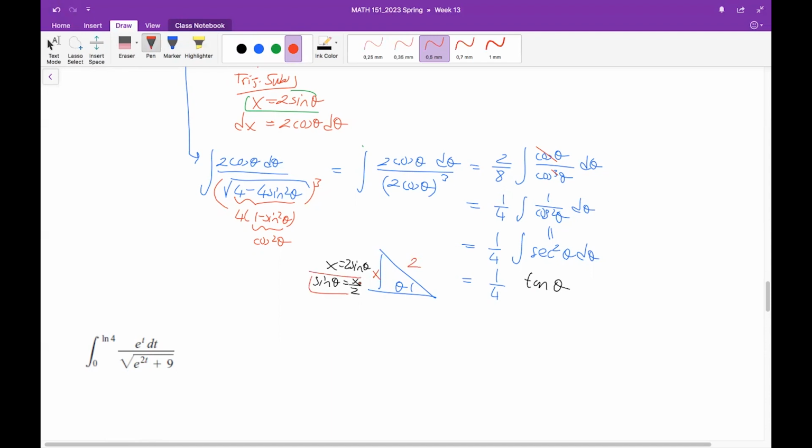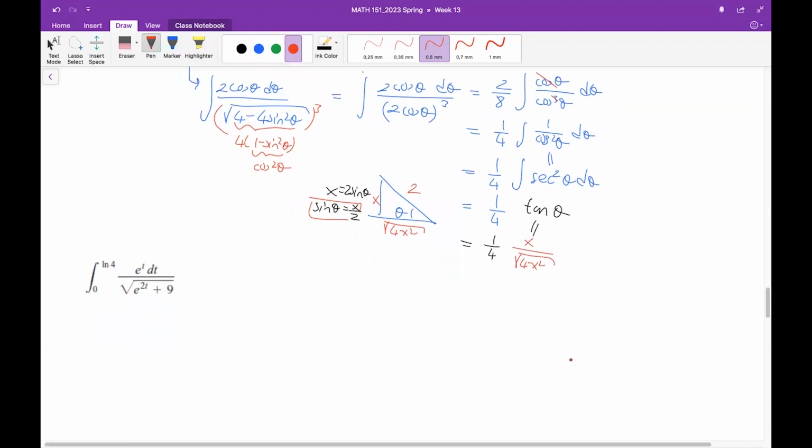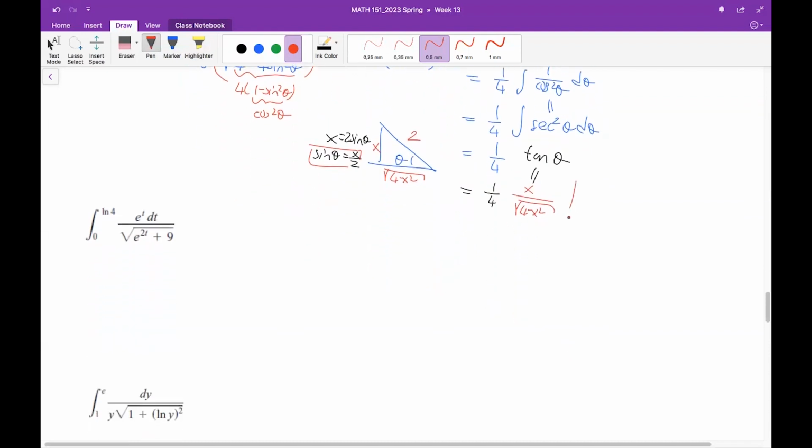So this is square root of 4 minus x squared. And then tangent theta, you can easily read tangent theta here. What is it? 1 over 4 is already there, and tangent theta is opposite divided by adjacent, x over square root of 4 minus x squared. So this is the final result in terms of x.